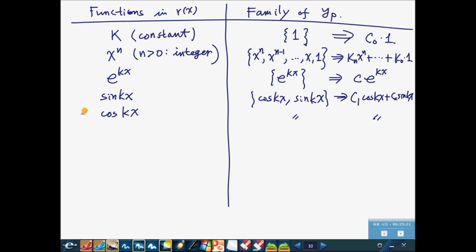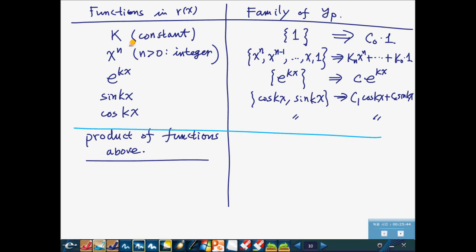But we are not done yet. We have another item, which is the product of the functions above. We need a combination of these. It could be any combination, any product of the given functions. So k times xn plus e to the kx, right? That's another possibility.